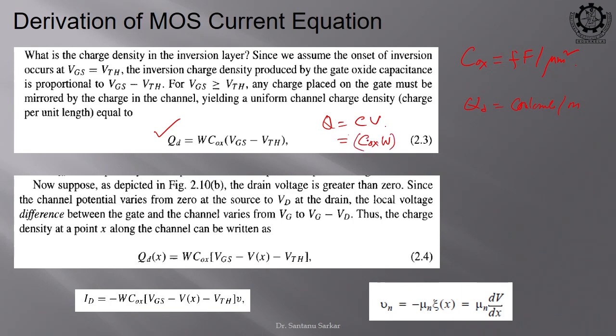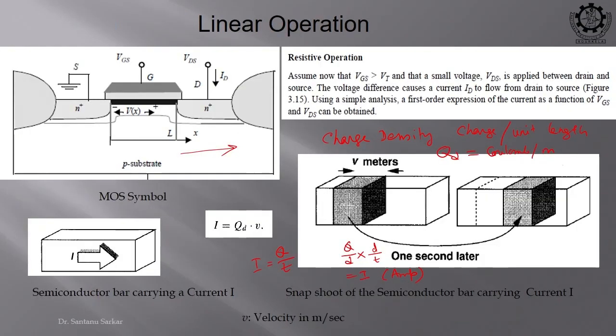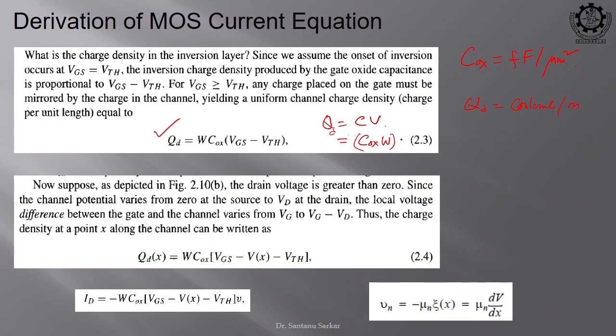We are just multiplying COX with W, because QD is charge per length. So, we will not multiply with length, we have considered it that way. Then we get the current I equal to QD into V, that is why we have modeled it that way, or you can do it with total charge also, ultimately that will come to the same point. That into V, and that V is your effective voltage.